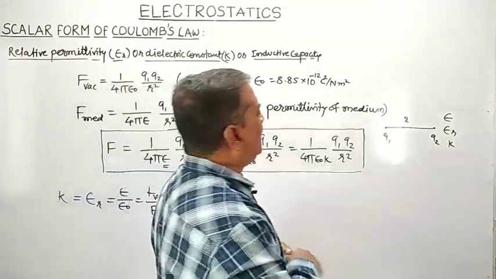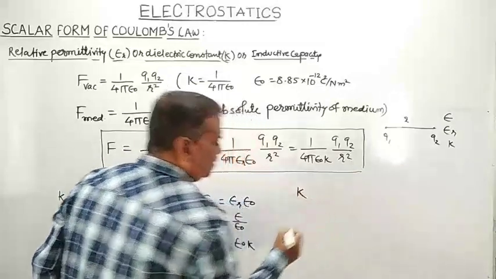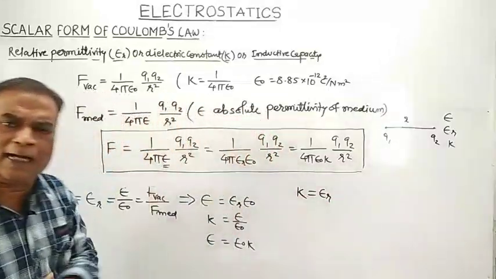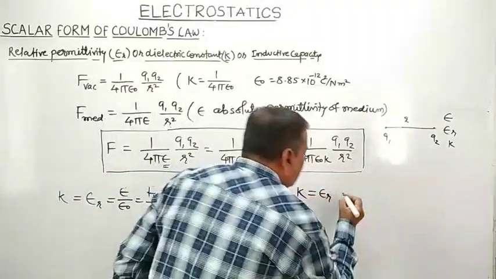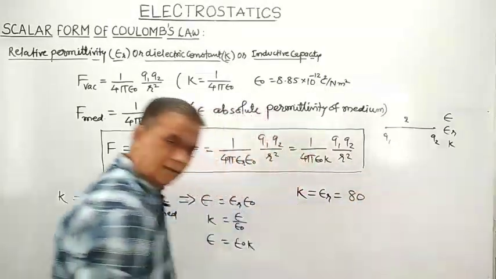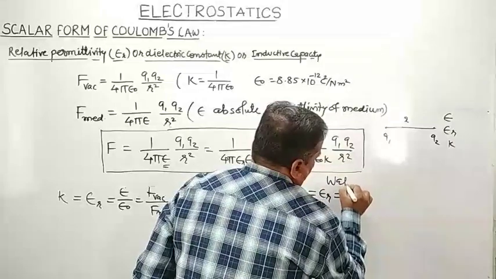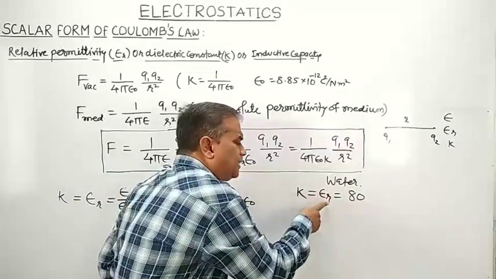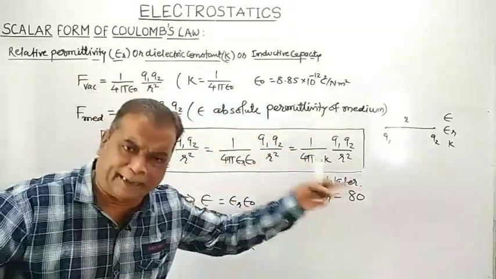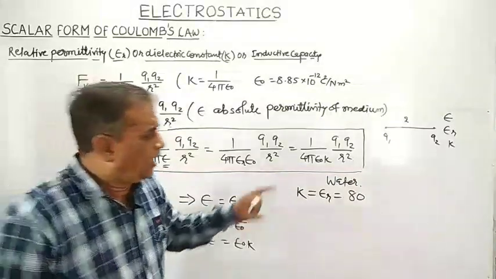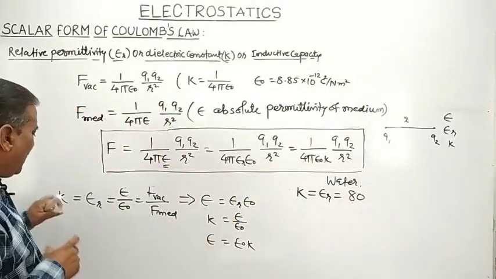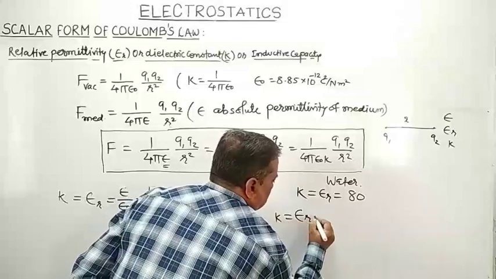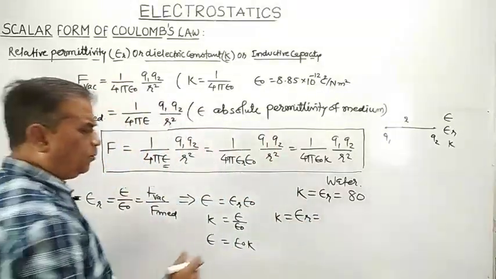Remember that the value of dielectric constant or relative permittivity of a dielectric medium like water is nearly 80, as epsilon r or k is equal to F vacuum upon F medium.